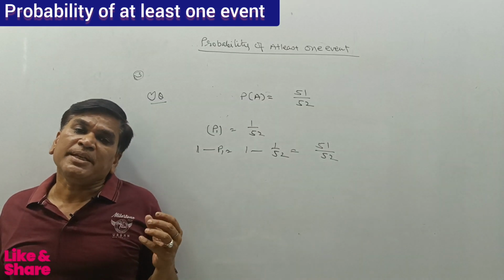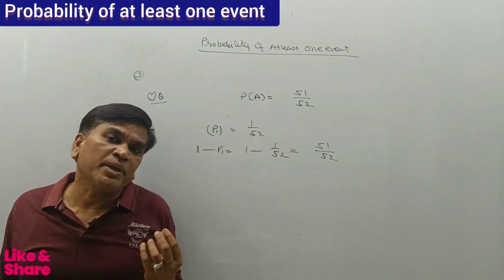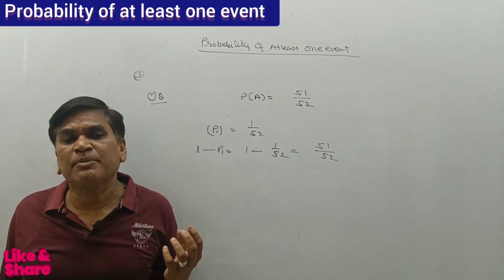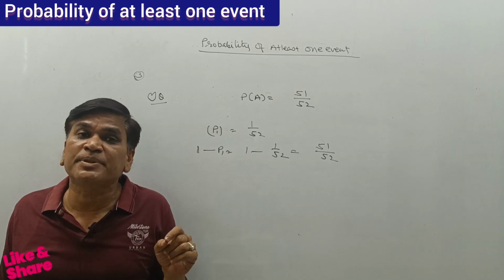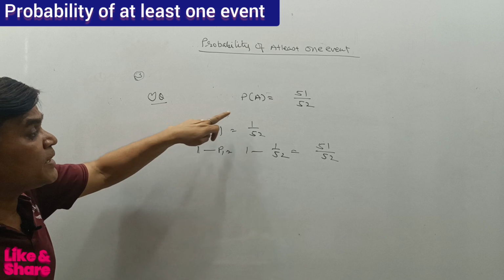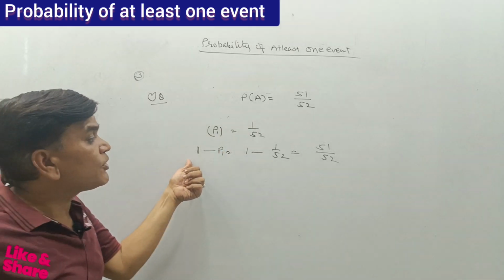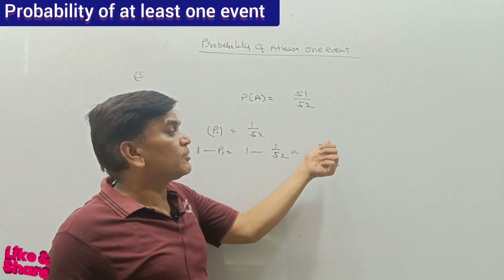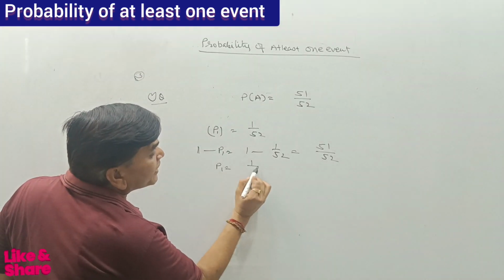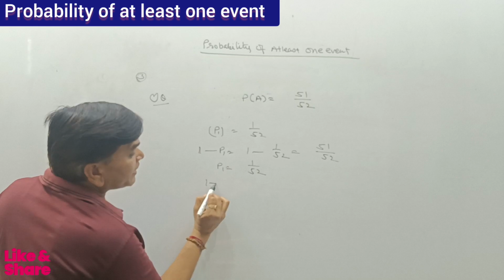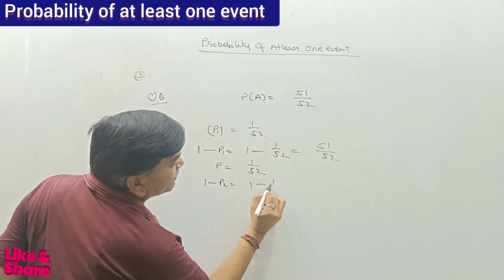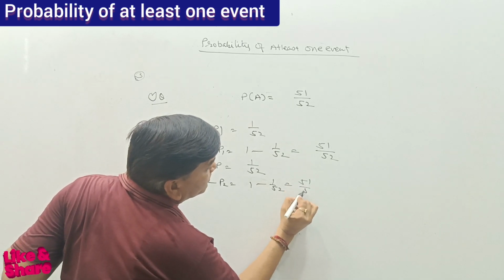What the question is asking, from 2 packs of 52 cards, one card drawn, what is the probability that at least one of them will be a queen of heart? For getting queen of heart, the probability is 1 by 52. For not getting queen of heart, that is 1 minus 1 by 52, that is 51 upon 52. In second, getting queen of heart, that is 1 by 52, or not getting, 1 minus p2, that is 1 minus 1 by 52, that is also 51 by 52.